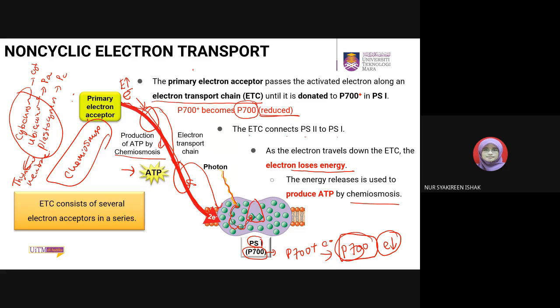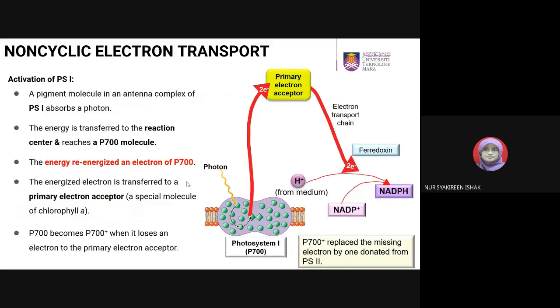Once the electron reaches P700, the electron has no more energy, and in order to energize the electron back, the accessory pigment has to absorb energy and transfer it until it reaches the reaction center of photosystem 1.